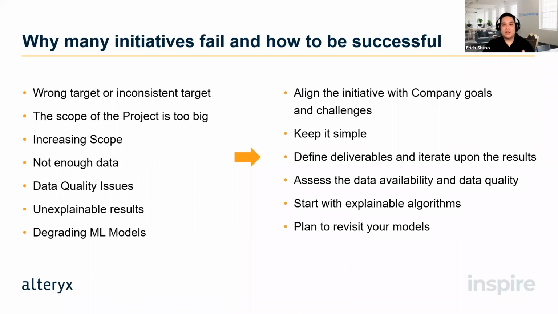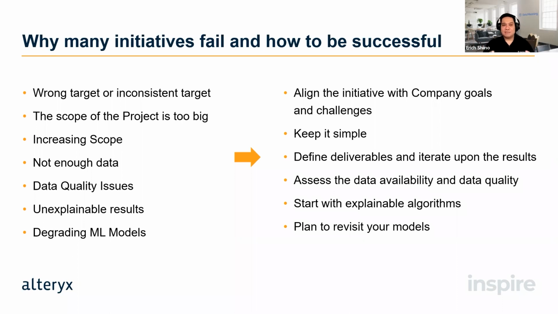First, we need to align our initiatives with the company goals. It might be a little bit obvious, but it's really important. So we need to align those initiatives with the company goals, with the team goals, and challenges. I'd say especially for the first machine learning projects or initiatives, we need to keep it simple.